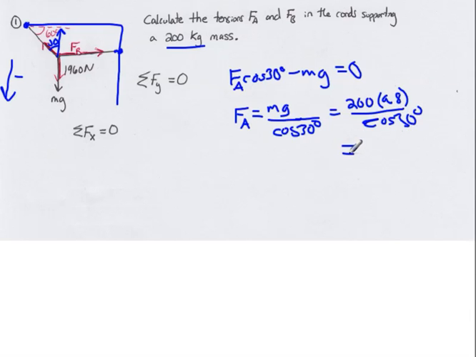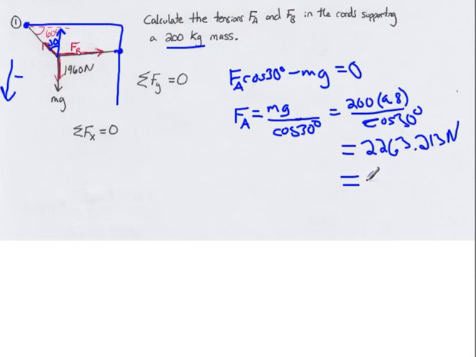I'm going to put that in my calculator and see what I get. Sure, it's in degree mode. So first I'll just tell you I got 263.213. It's a force, so it's newtons.